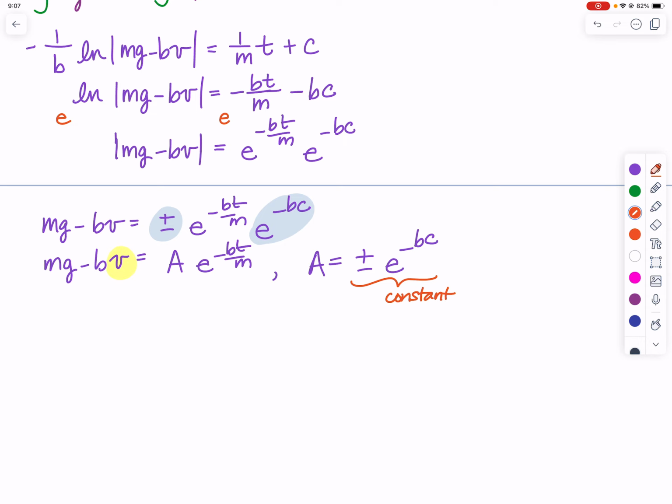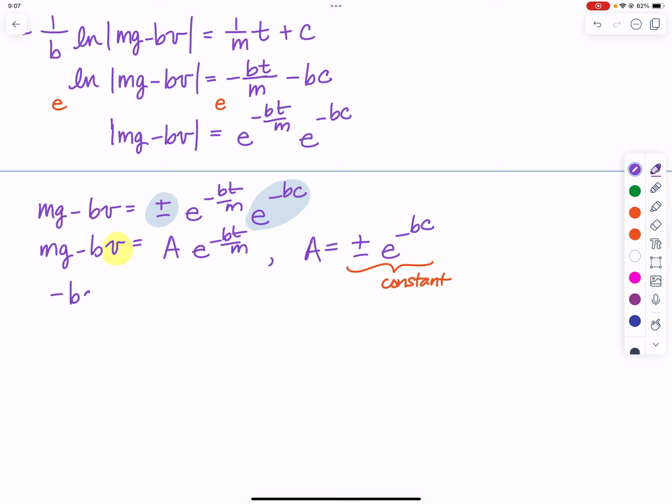So continuing in the same fashion, let's subtract mg from both sides, and then divide both sides by the opposite of b.